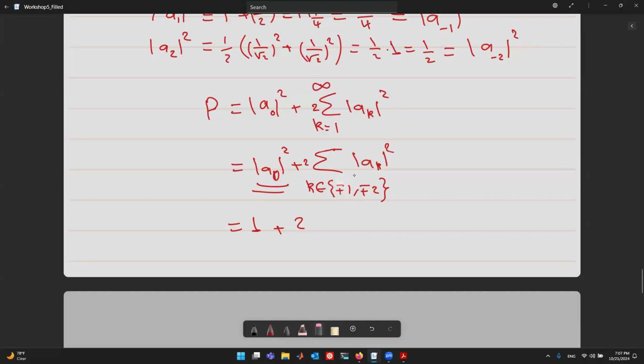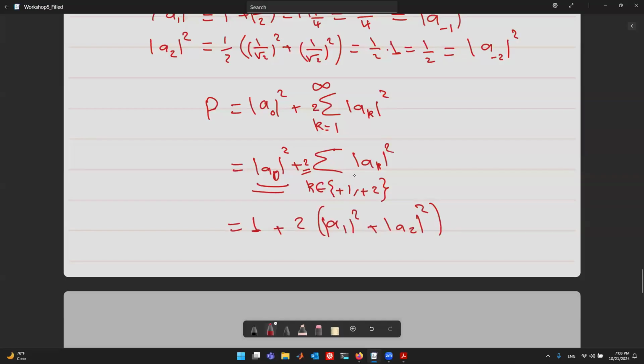The issue is that k here is just the value of 1 or 2, not plus or minus, because we have already taken care of the negative terms, since they are the same as the positive k terms, and we already combined them. So we just need to add the positive side, and then multiply by 2: 2 times a1 squared plus a2 squared.